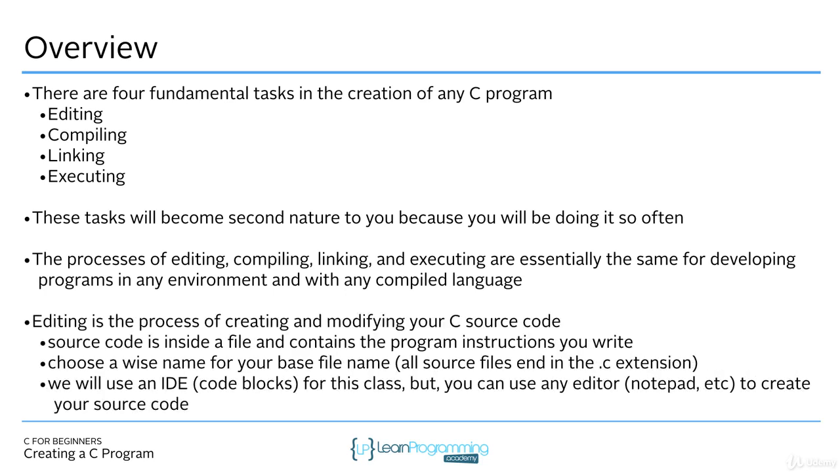Editing is exactly what you would think it is. It's the process of creating and modifying the actual C source code. The source code is going to be inside a file, and it's going to contain all of the statements and instructions that you write. All C source code files end with the .c extension, and that's how you can identify a source code file. Before the .c extension is the base name, and you want your file names to be meaningful.